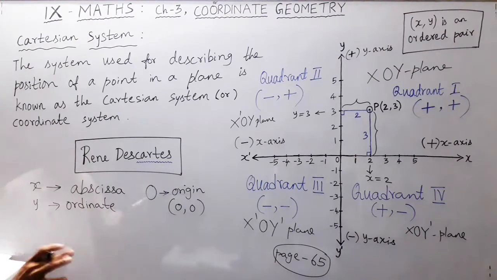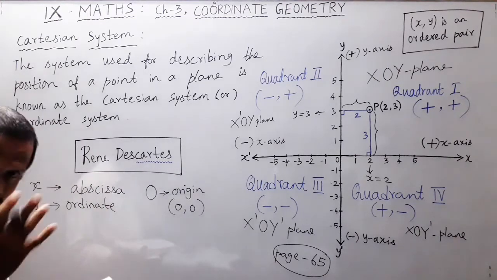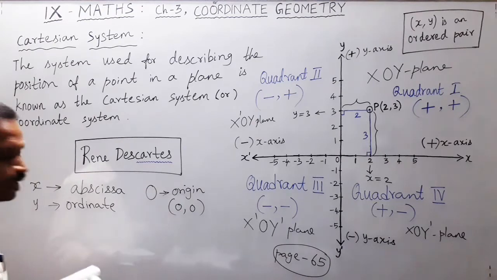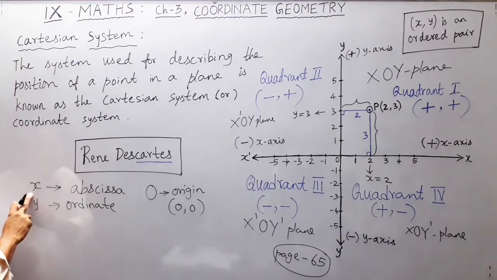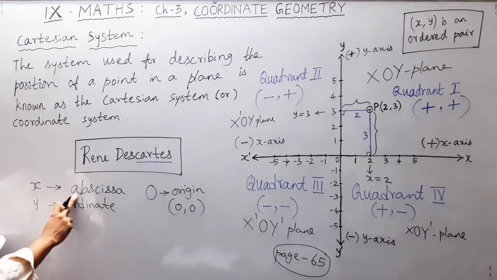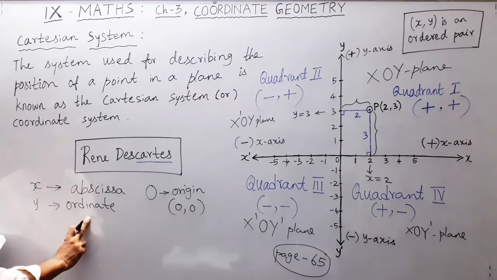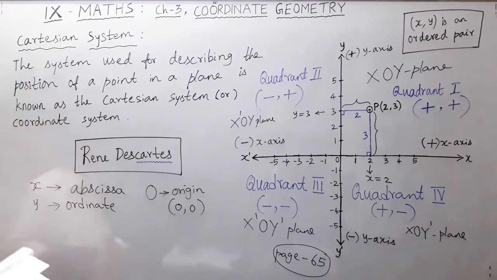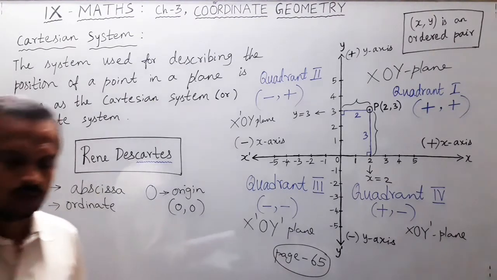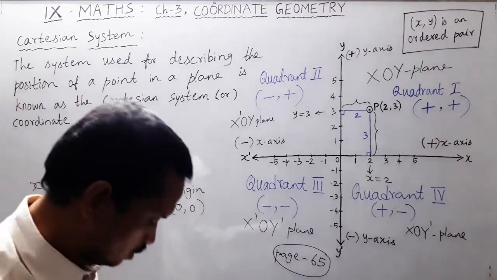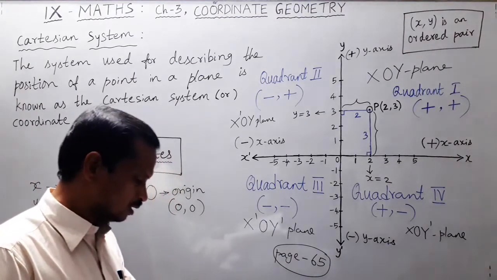Coordinate generally means x-coordinate, y-coordinate, but separately the x-coordinate is called abscissa and the y-coordinate is called ordinate. These are the modern names. You should know, because if they ask in an exam, like objective questions, you should know what abscissa and ordinate are.